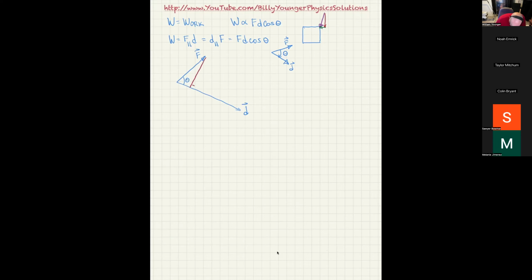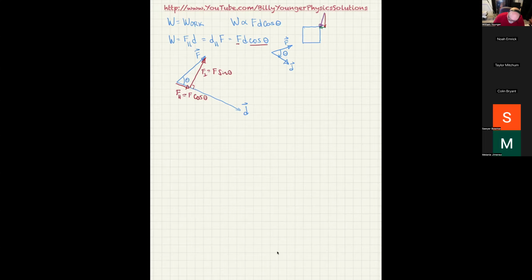This one is perpendicular to the displacement, so this would be F perpendicular to D, and then there's another one that would be F parallel to D. Now that we've made this right triangle, F perpendicular would be F times the sine of theta, whereas F parallel would be F times the cosine of theta. And that's why our work formula has the F and the cosine theta in it.